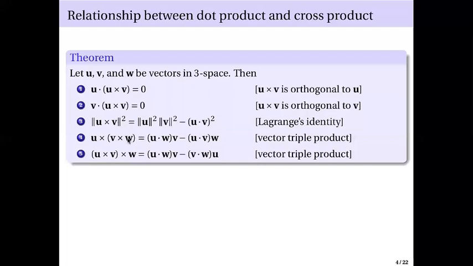So you have to make sure that the identity has the same kind of object on both sides. Vector on the right-hand side means a vector on the left-hand side; a scalar on the left means a scalar on the right. So that's your number 4.